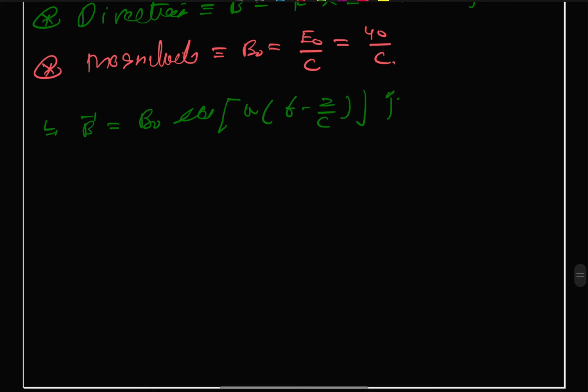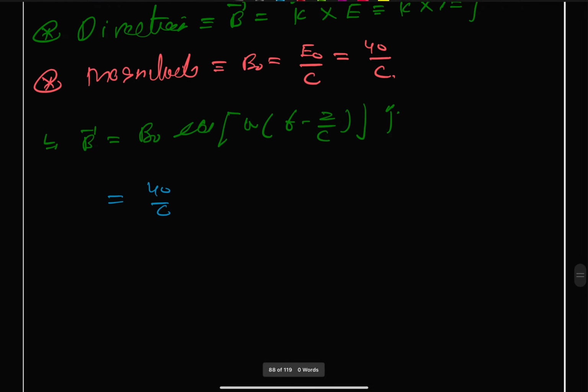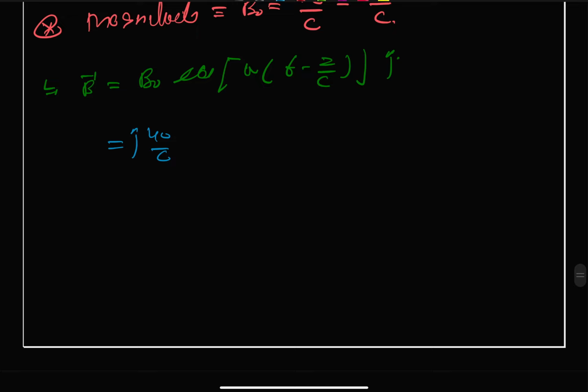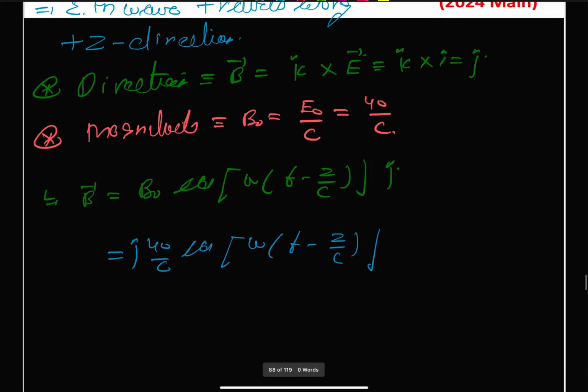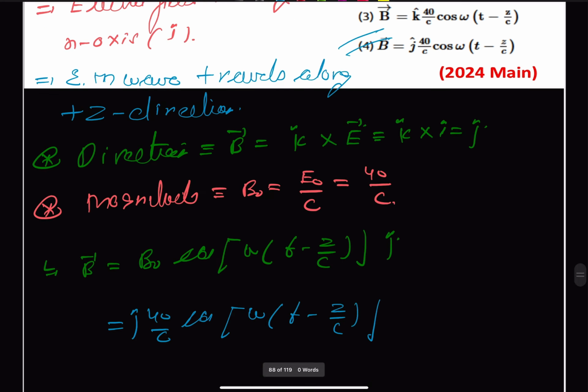B naught is our 40 upon c, so we can write this as 40 upon c, j cos of omega t minus z upon c. So therefore the option is j 40 upon c cos. Option 4 is correct.